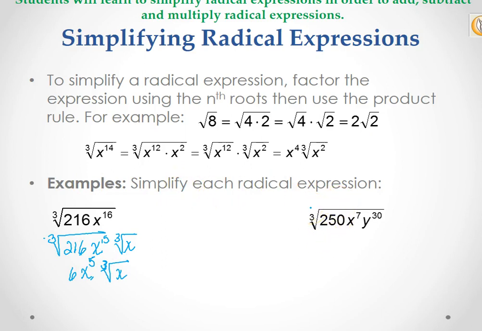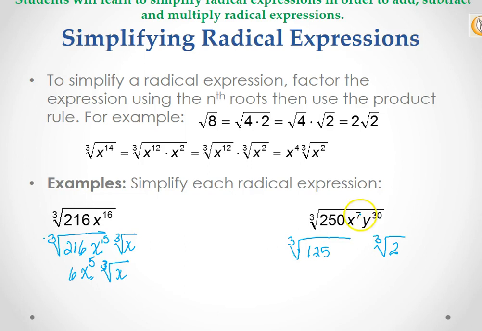250, looking for cubes. 1 cubed is 1, 2 cubed is 8, 3 cubed is 27, 4 cubed is 64, 5 cubed is 125. So the cubed root of 125, and we would have the cubed root of 2 left over, right? Because 2 times 125 gives us 250.